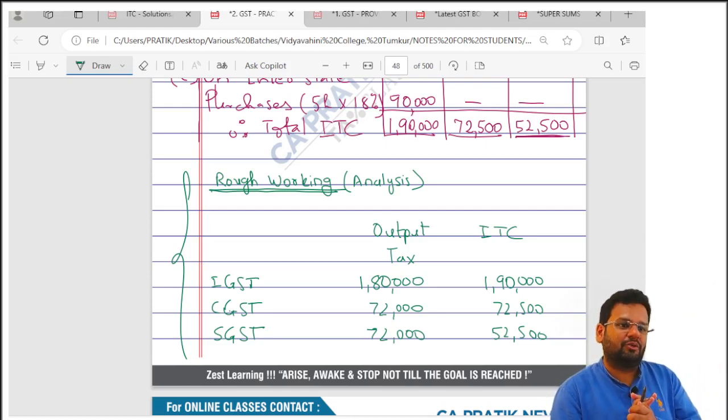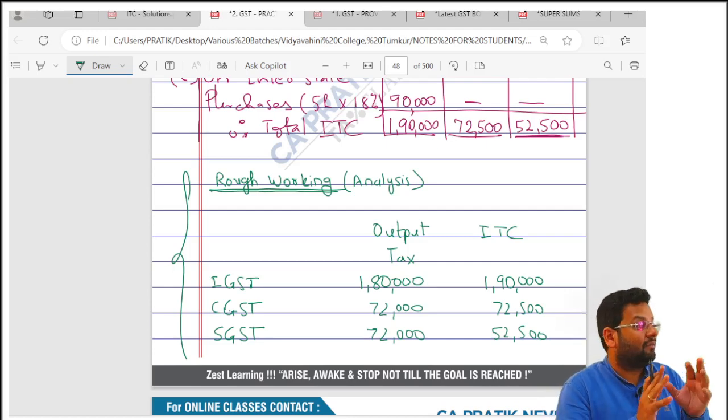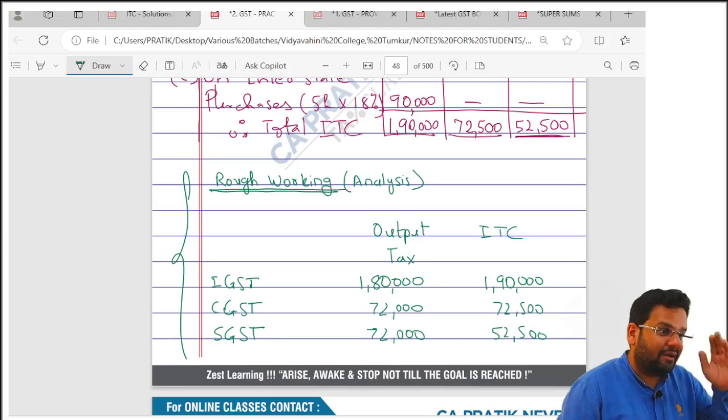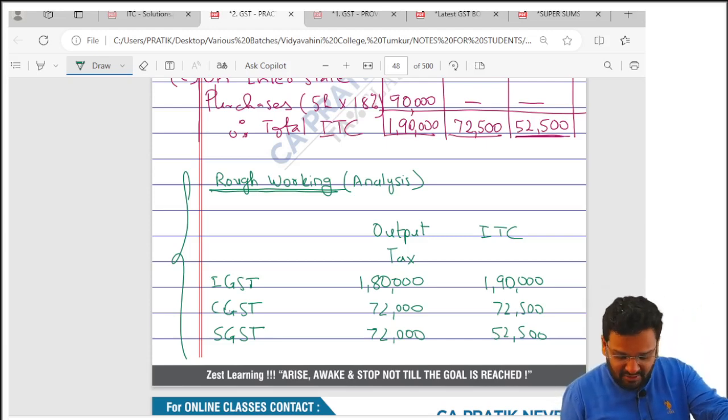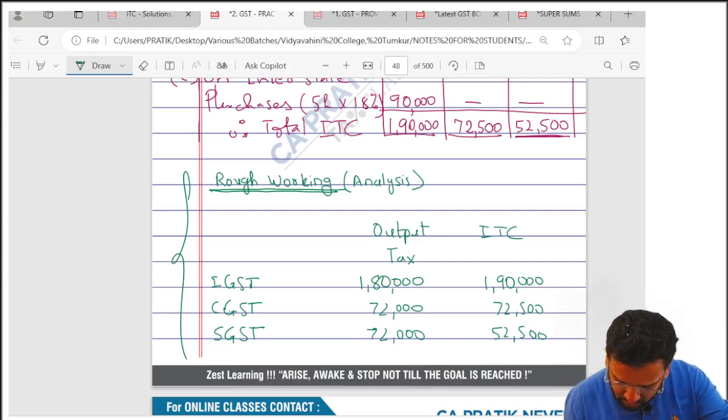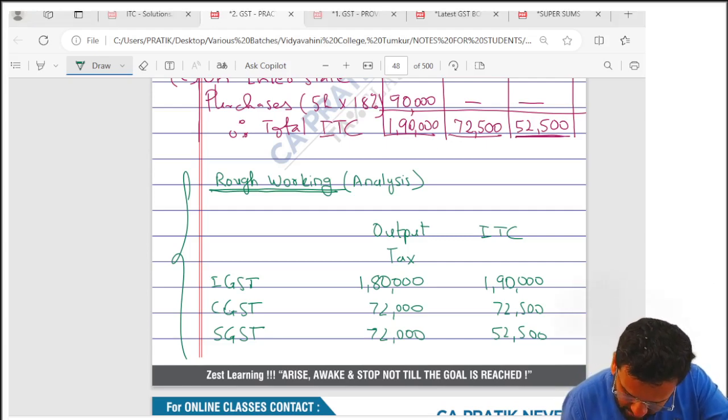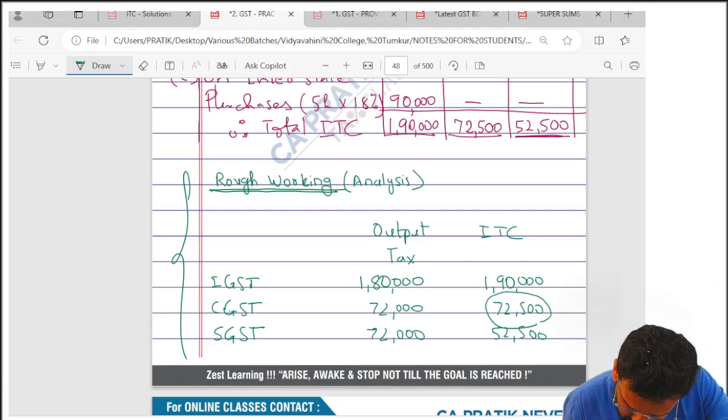You could have used it equally, in any order, any proportion, but I would not like to use it haphazardly. I will like to analyze and use. So you said there is a comfortable ITC of CGST also, because 72,500 can cover 72,000.